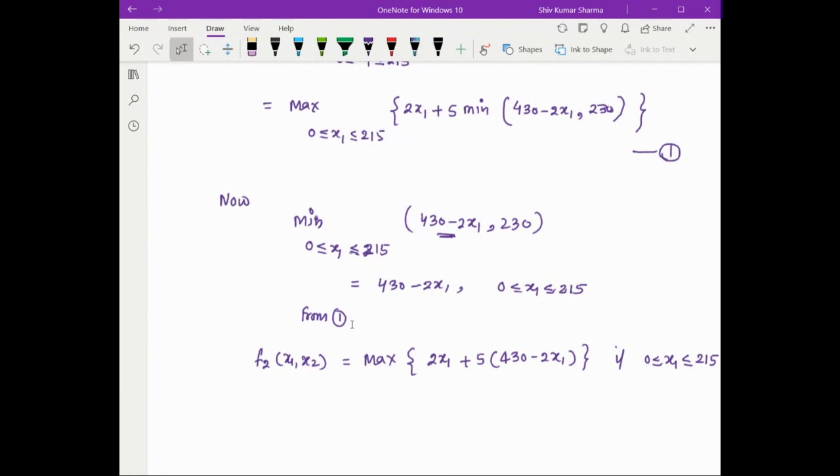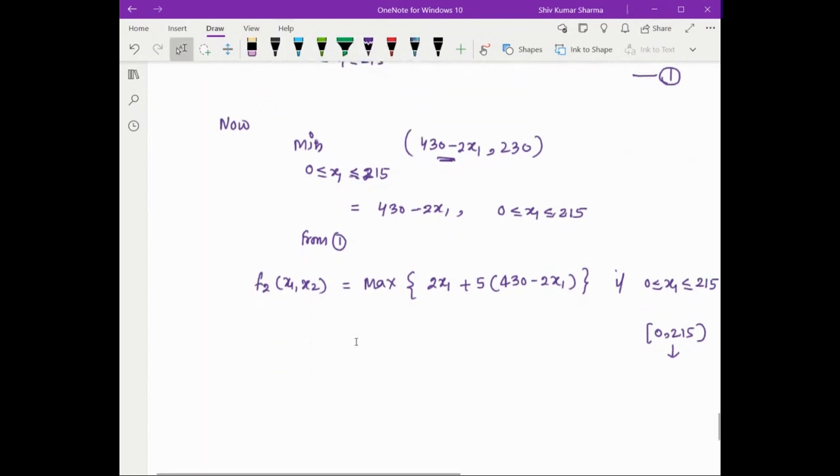Now that we have the minimum value, we obtain the maximum value. What is the maximum value of the function, with x1 lying between 0 to 215? Because the interval is large, we do some rough work to obtain the maximum value of the function.